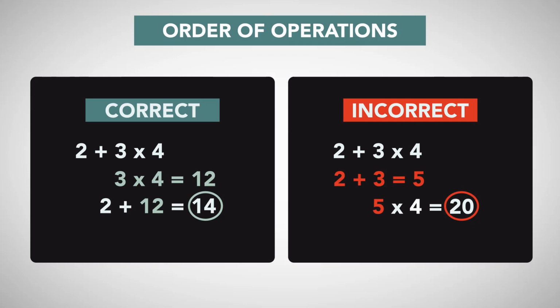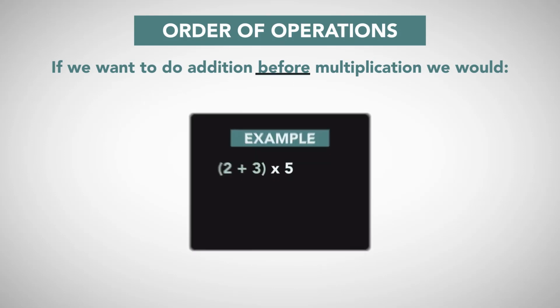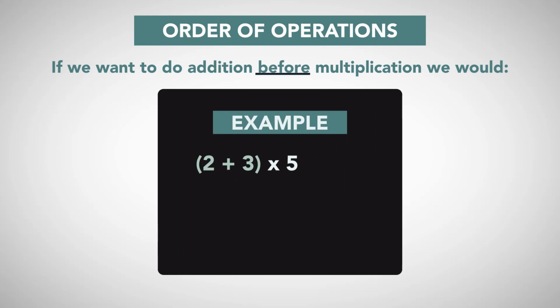The order in which we do numerical operations is important. If we want to say to do the addition before the multiplication, we would place the addition in parentheses, as in (2 plus 3) times 5, in which case the order of operations says that we perform the operation inside the parentheses to get a different answer.